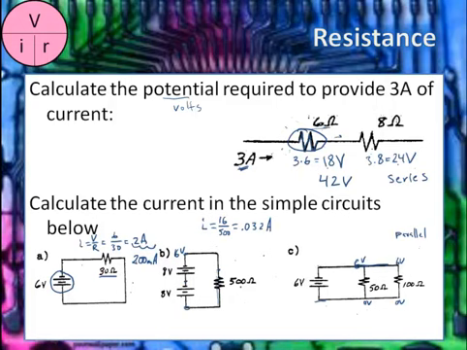Suffice it to say for now that everything on this top wire is at 6 volts, because that's the top part of the battery, and anything along this bottom part is at 0 volts. And so there's actually two different paths that the current could take. The current that comes out of the battery could go down here, or it could go through this resistor.